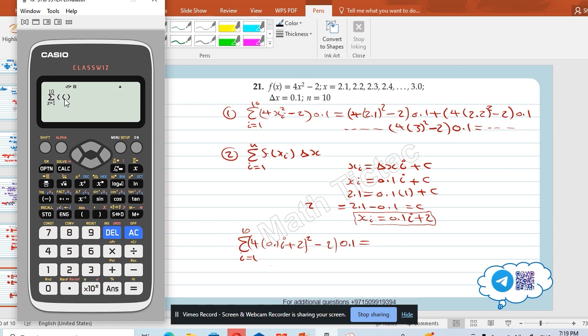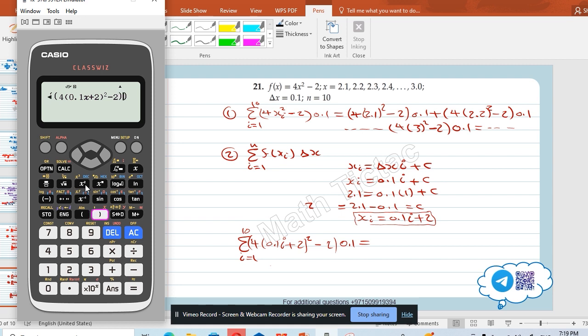It will be 4 multiplied by 0.1 x plus 2. Okay, let's close this. This is squared. Then we have minus 2.